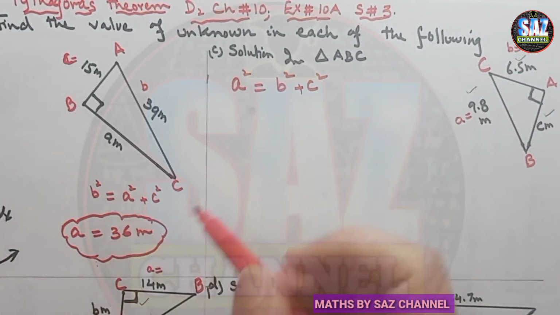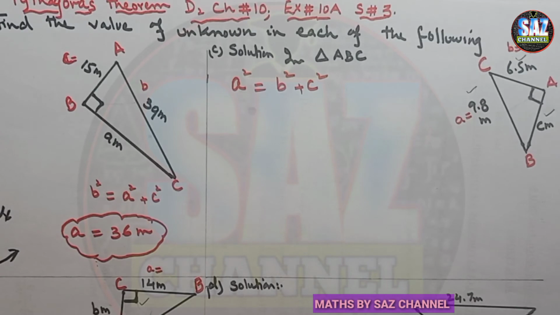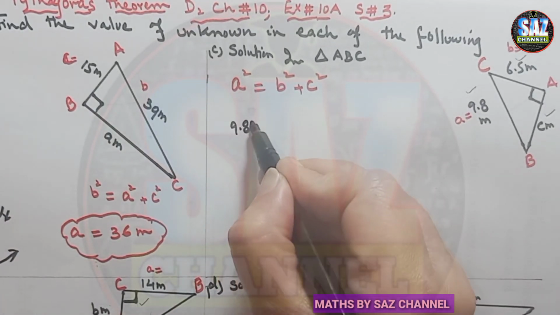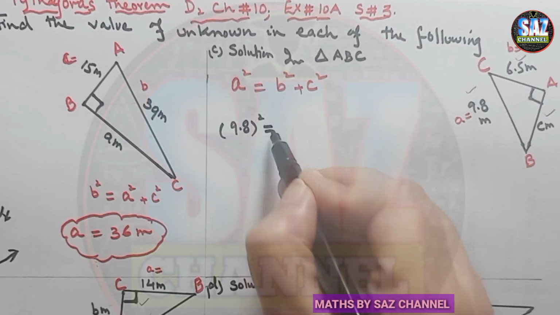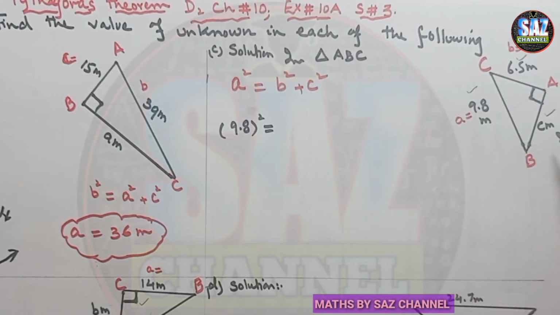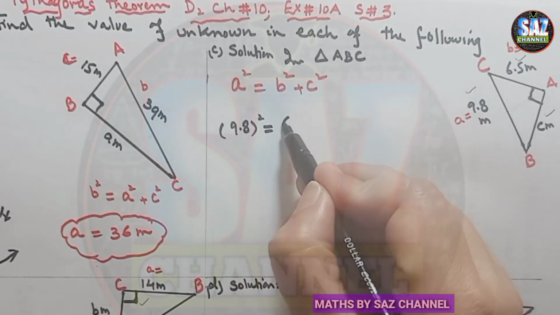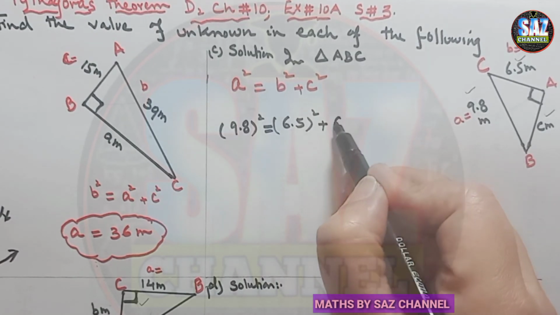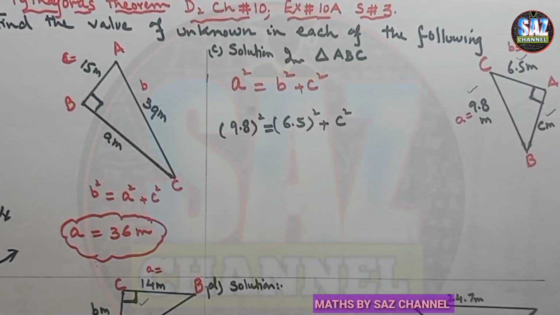Now instead of a, I have to replace carefully 9.8. Replace the values carefully. Then b is 6.5 square, and c will come as it is because c is the unknown of the question. Now quickly take the squares.